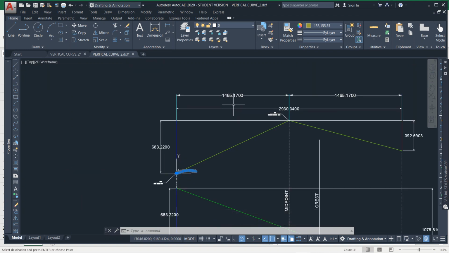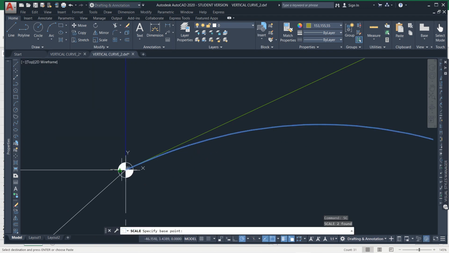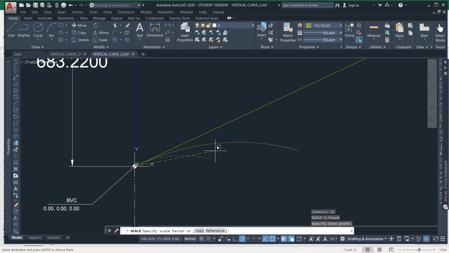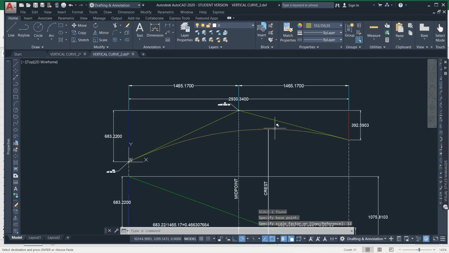So 165 feet would be thousands of inches. So let's just scale that up. SC, enter. And then just put it in the positive right-hand direction, and type in 12, enter, and then there's your vertical curve alignment.